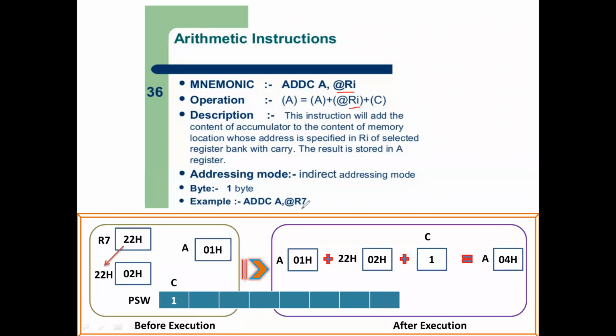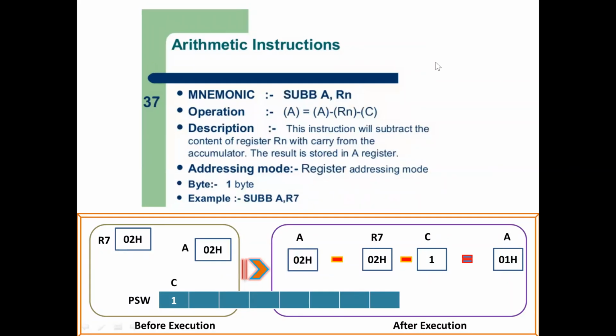Instead of Ri, you can place some register value. So at 22H, what is the content? That is 02. That content value plus the accumulator value plus carry. This is your final result.